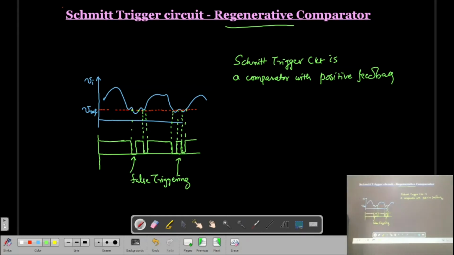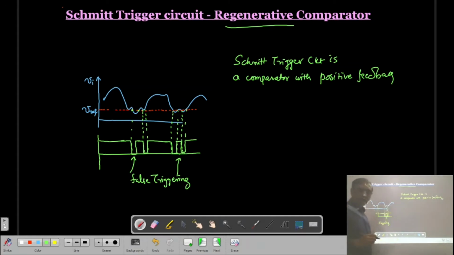We know that there are disadvantages of positive feedback: the circuit is going to be unstable. But if we have a small amount of positive feedback, then it doesn't make any difference. So by providing this positive feedback, we can avoid this kind of false triggering in the comparator.